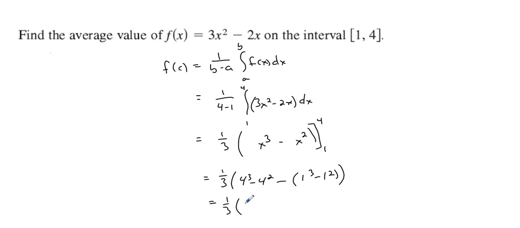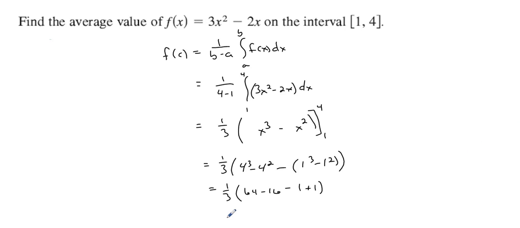So I get 64 minus 16 minus 1 plus 1. Minus 1 plus 1 cancel. Add to 0. And what would that be? 48? What's a third of 48? 16.